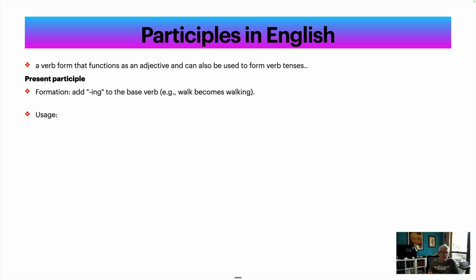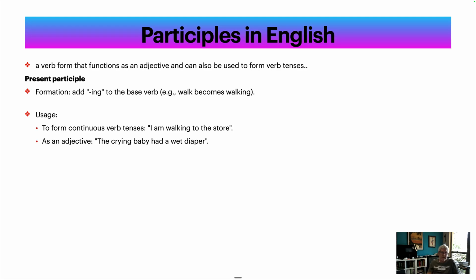Okay, the way it gets used to express a continuous verb tense: I'm walking to the store. Okay, that's a participle. As an adjective: the crying baby has a wet diaper, and crying there is an adjective for the noun baby. Alright.